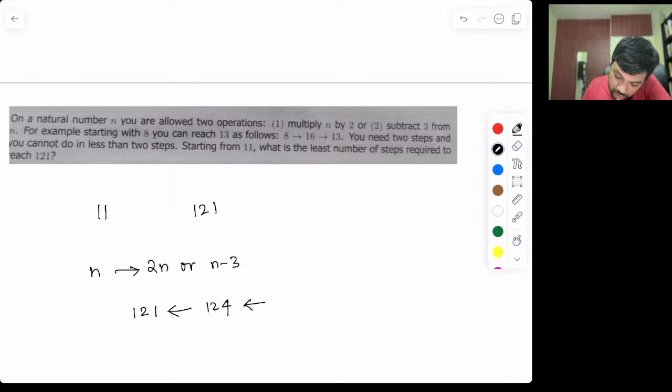So you divide by 2, 62, then divide by 2, 31, then add 3, 34, then divide by 2, 17, then add 3, 20, then divide by 2, 10, but you should reach 11 though. So maybe it was not a good idea. If you could reach 22 faster somehow, okay, I don't know.